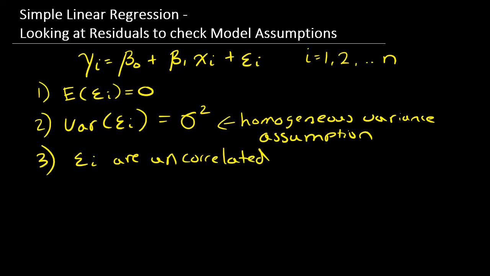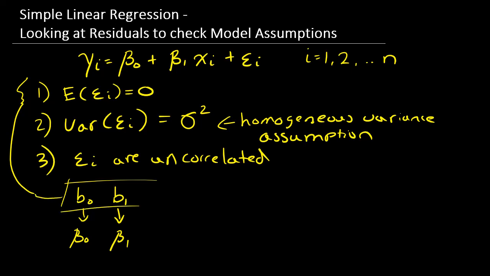There is another assumption, that the error terms are normally distributed, but we're going to save that for another video. These first three model assumptions are necessary for us to have unbiased estimators B1 and B0 of beta naught and beta 1. In order for these to be unbiased, these three assumptions are needed.